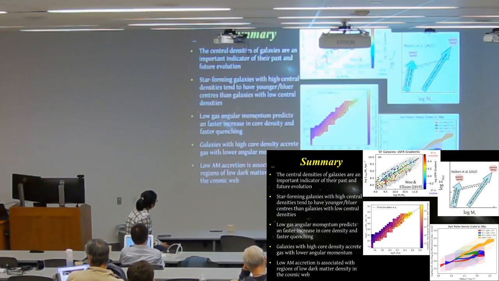Then we decided to see if this is true in observations as well, by using the age gradient as a proxy for quenching timescale under a whole bunch of assumptions. And we saw that it was also true in observations. The explanation as to why is a little bit harder, but I think it has to do with the accretion on the outsides being kind of a trickle, allowing for star formation over longer times.